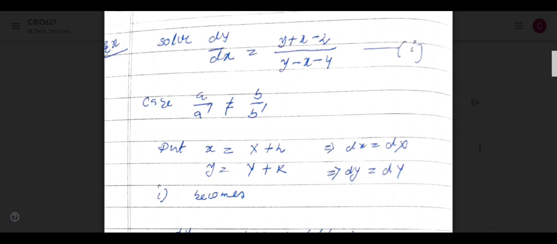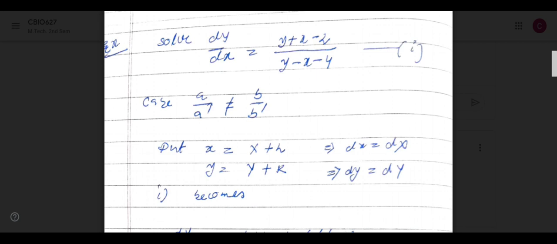You have to substitute small x equal to capital X plus h, and small y equal to capital Y plus k. h and k are constants. What we are trying to do is make it homogeneous if the differential equation is in this form.